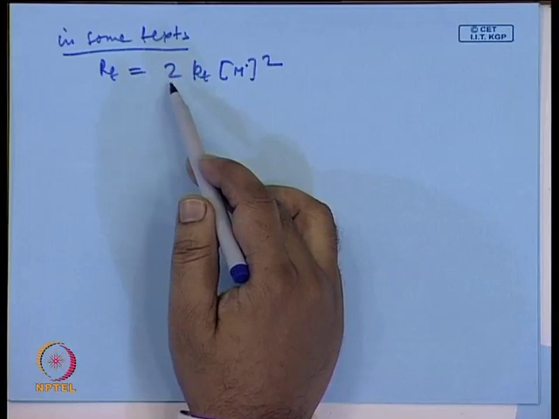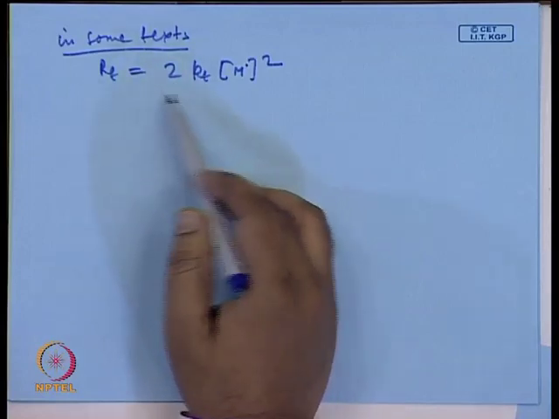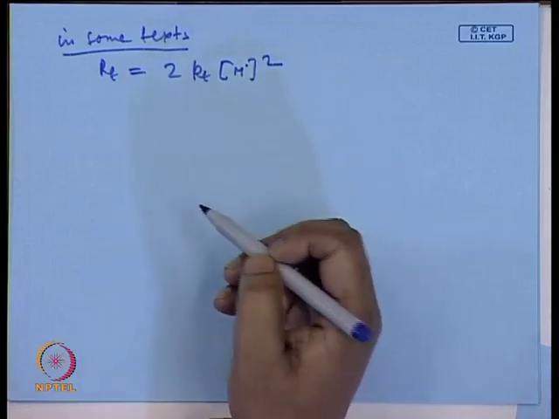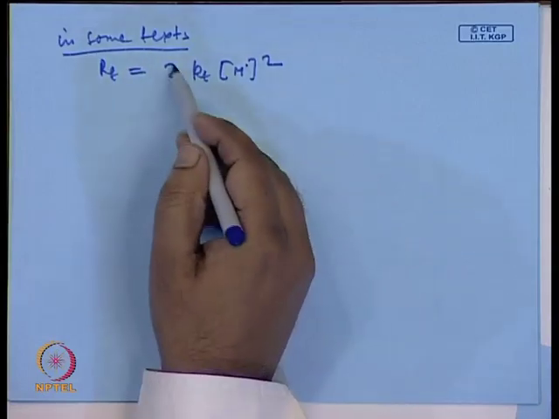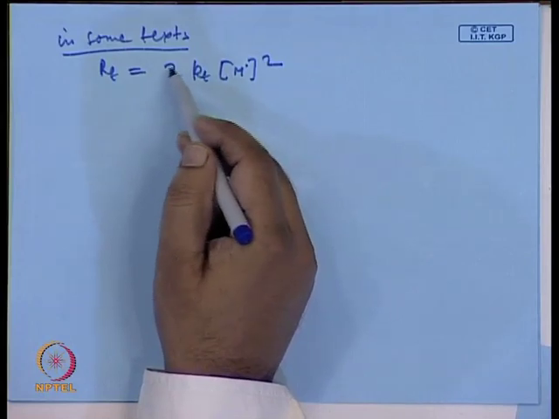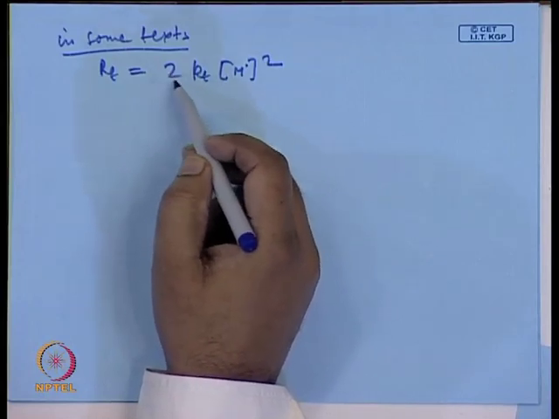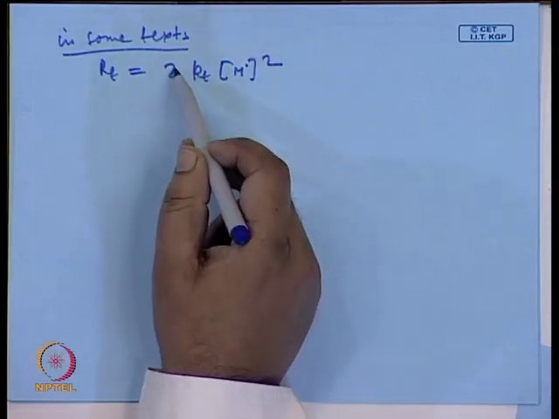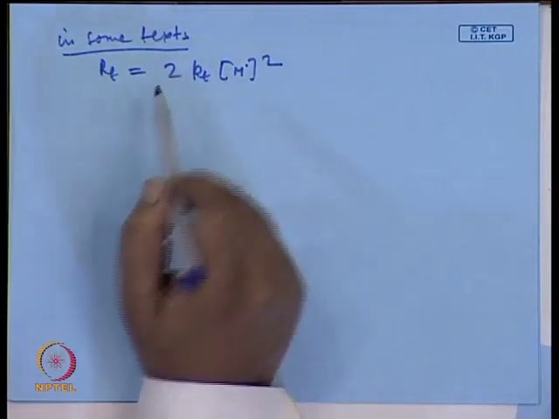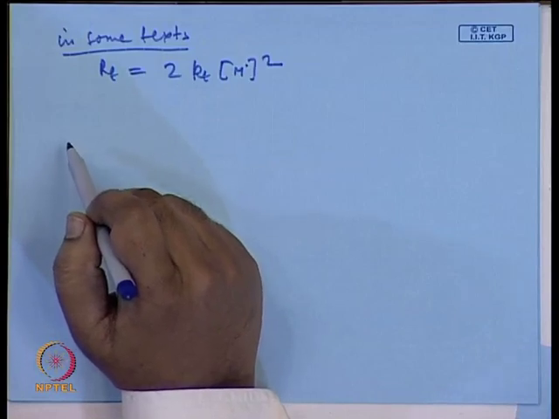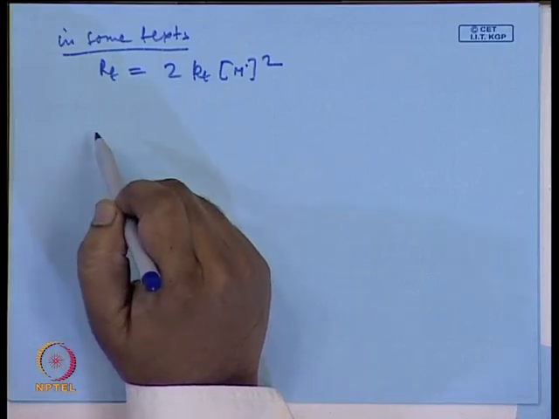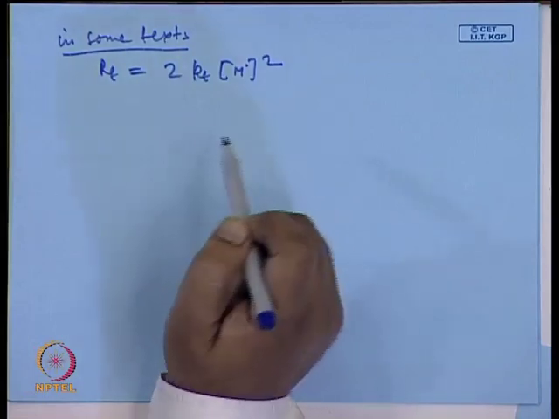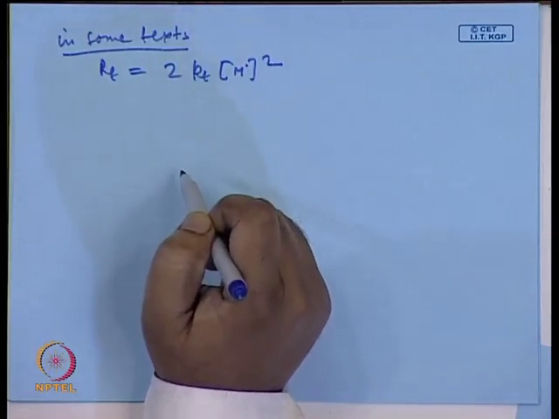This twice is introduced because one termination reaction is effective in bringing about the termination of two radicals. It is up to you whether you want to write 2 or not, but if you write 2 here, then similarly in the initiation reaction, where homolytic cleavage gives 2 radicals, you have to write 2 as well, so that these 2 cancel out.